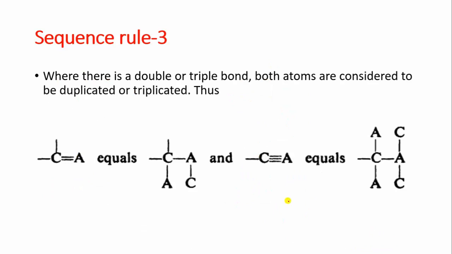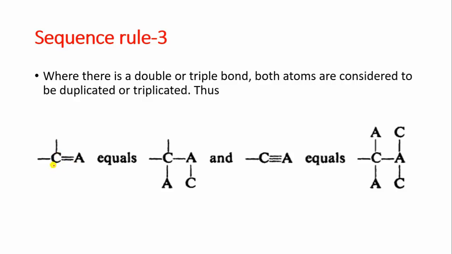Now sequence rule 3. In this sequence rule, where there is a double or triple bond, both atoms are considered to be duplicated and triplicated. When a double bond is present, we have to duplicate the atom.